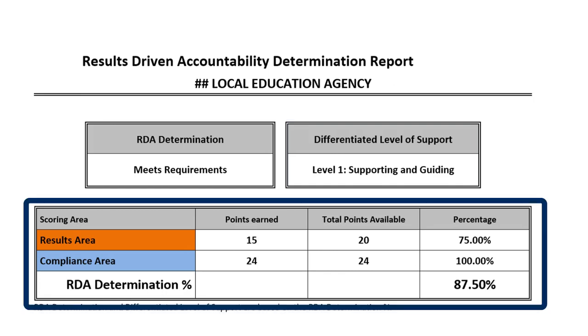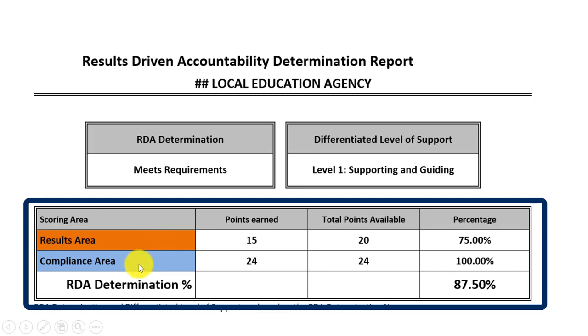Now, under those 2 boxes is this table here, and this is the scoring area, so you can see how many points and the percentage that your LEA earned in each of the areas. In the determinations, we have 2 scoring areas. We have the results area and we have the compliance area.